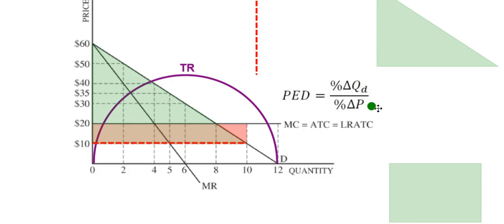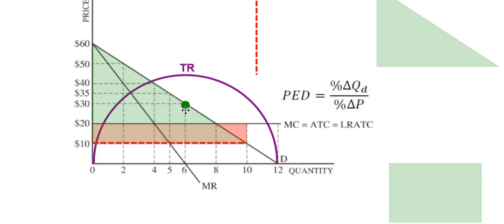Yeah, because you're actually going from here to here on your demand. So your price is coming down and your quantity is going up, but the percentage change in the quantity, because they're lower quantities, from 0 to 6 is higher than the percentage change in the price, which is coming down as you go from here to here.